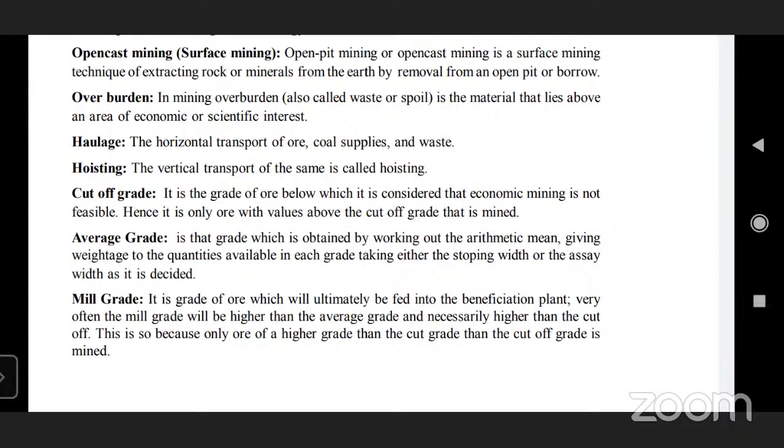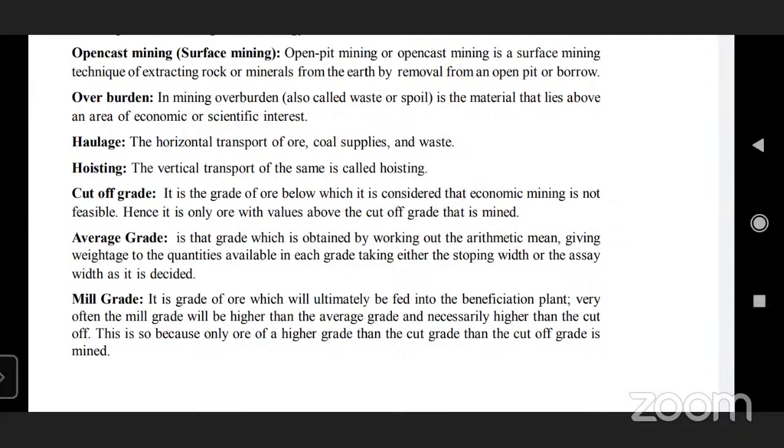And mill grade. It is the grade of ore which will ultimately be fed into the beneficiation plant. Very often the mill grade will be higher than the average grade and necessarily higher than the cut-off.